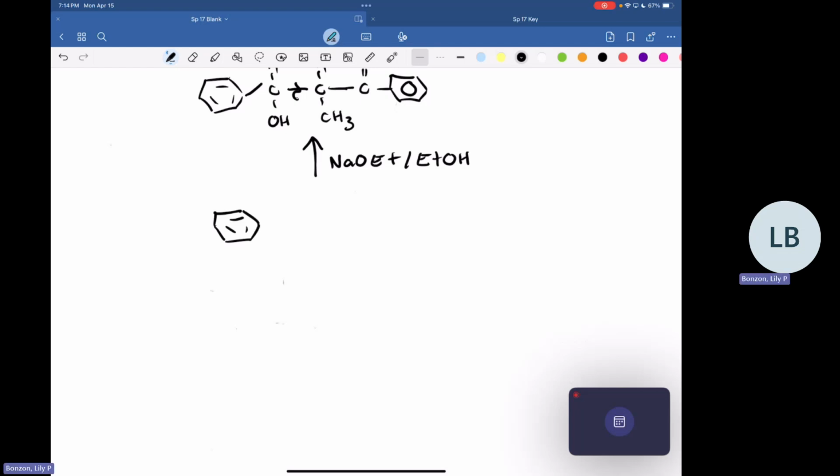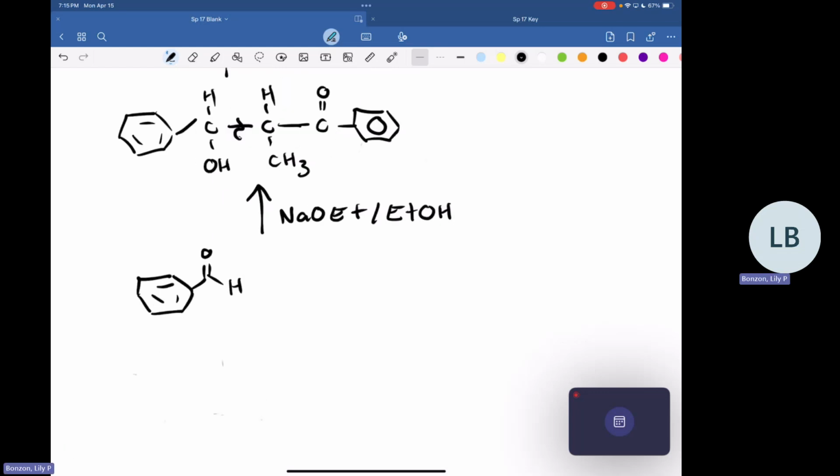One thing for synthesis to keep in mind is if you form a product or reactant, I guess, that has multiple alpha hydrogens, just be careful because this is one of those synthesis things where you need to produce the most yield possible. And with this one, we can kind of see that.